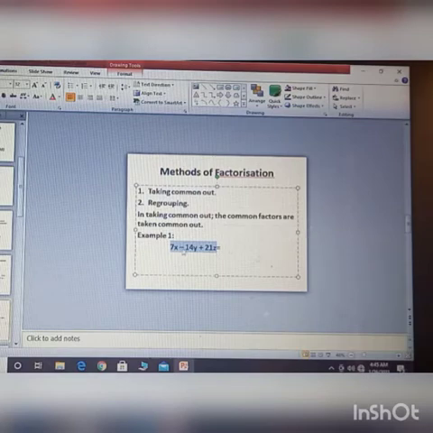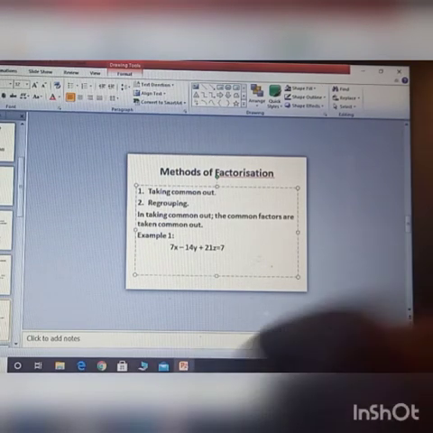You can see that 14 is a multiple of 7, and 21 is a multiple of 7. So we can take 7 common out, and in the variables, it is only x, only y and only z, so there is nothing common on the variable side. So let's take 7 common, and what's left?